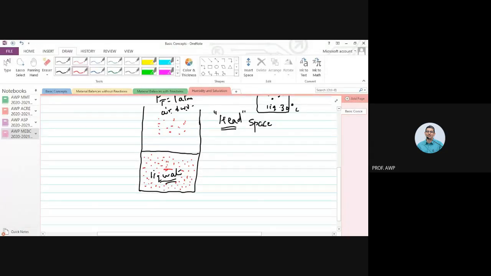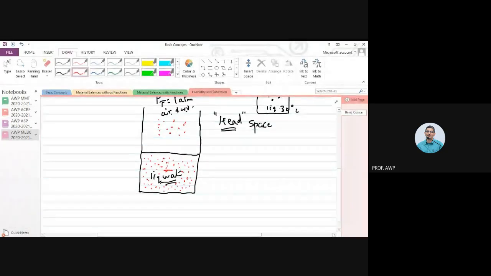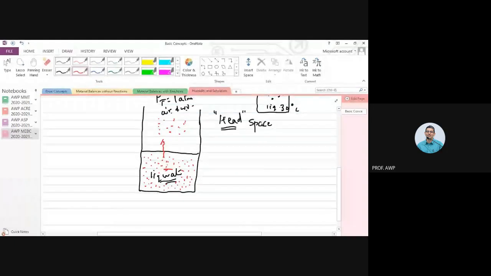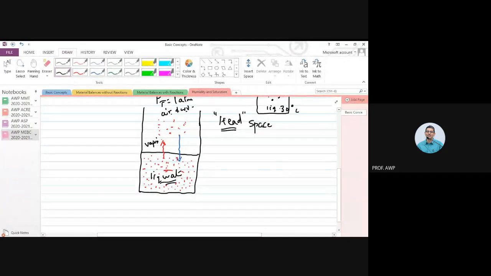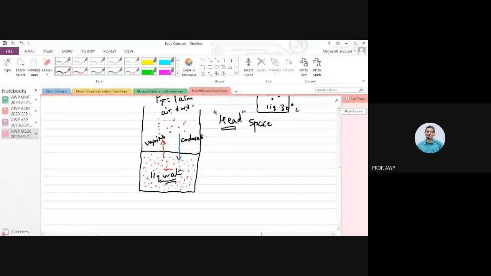These molecules of water in the liquid state will have a tendency to go into vapor state, and the molecules in the vapor phase will have a tendency to come into the liquid phase, right? So that is what decides the equilibrium. So there is an equilibrium between the vaporization and condensation.